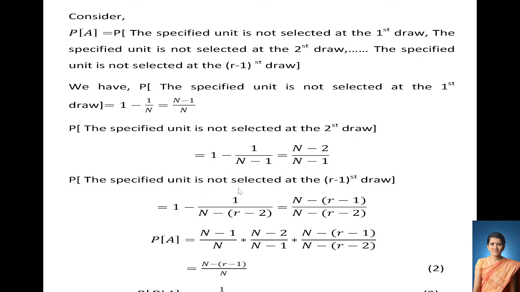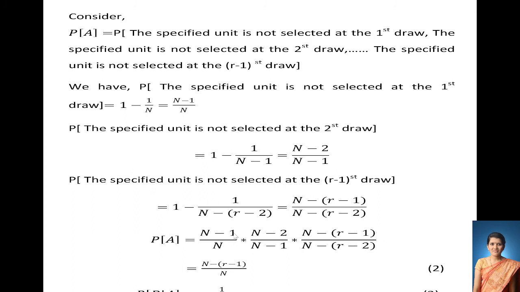Like that, the probability that the specified unit is not selected at the r minus 1th draw is 1 minus 1 upon N minus r minus 2. By simplification this will be N minus r minus 1 divided by N minus r minus 2.